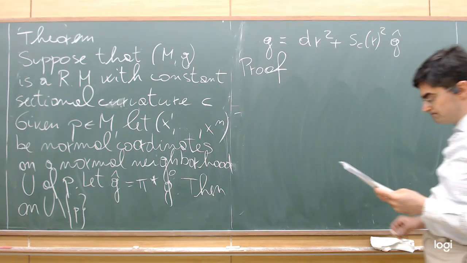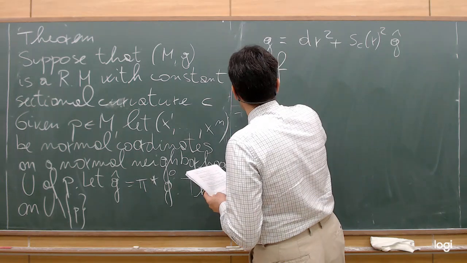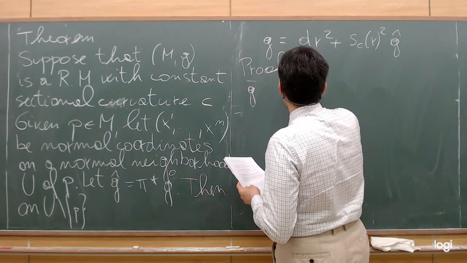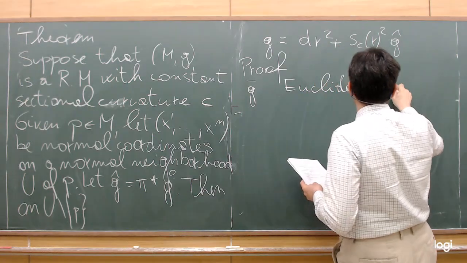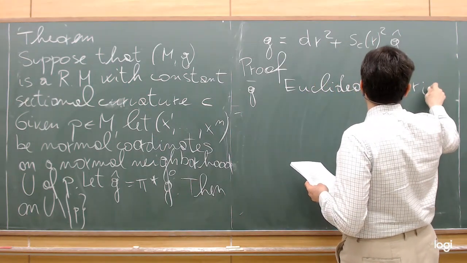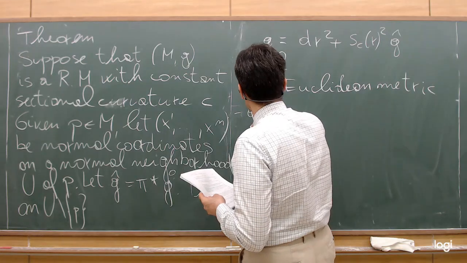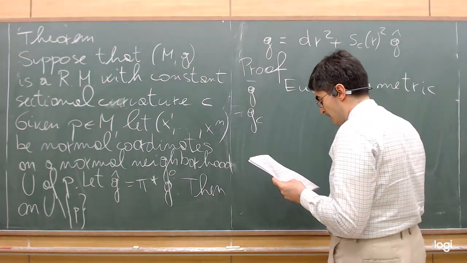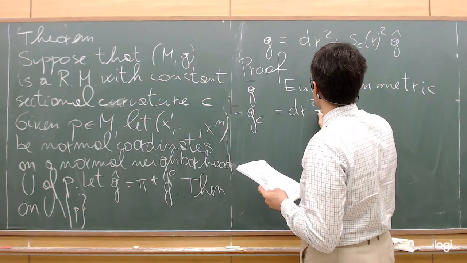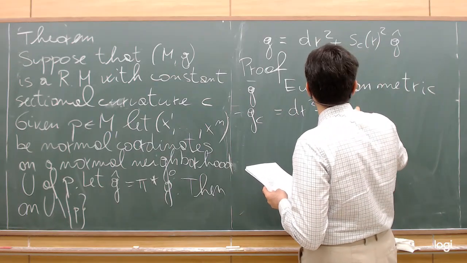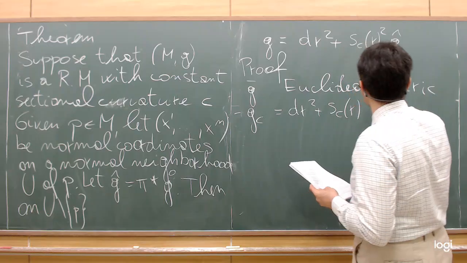So suppose that G bar is the Euclidean metric and G_C is dr squared plus sn_C(r) squared G hat.